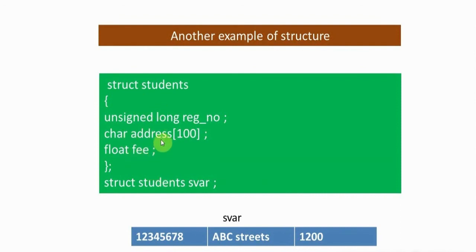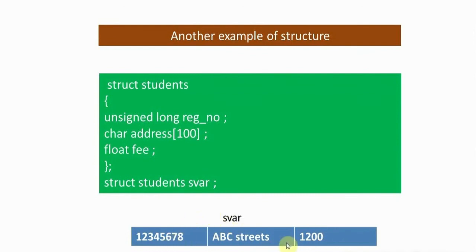As I have told you, after structure specification, we are required to declare the structure variable so that space can be allocated for these members. This is the keyword struct and this is the structure tag, and finally we are supposed to give the name of the structure variable. See it carefully. This is the structure variable, or simply called structure, that will be allocated space in the memory.